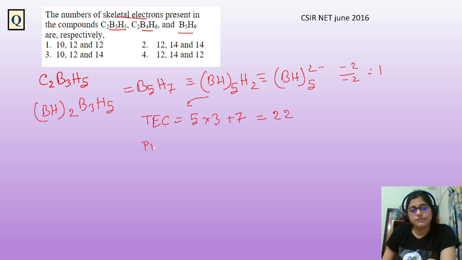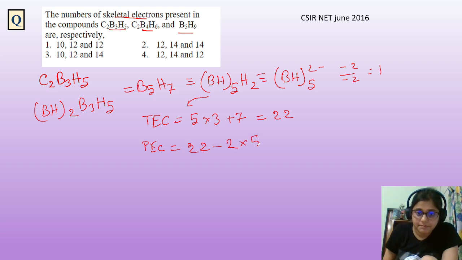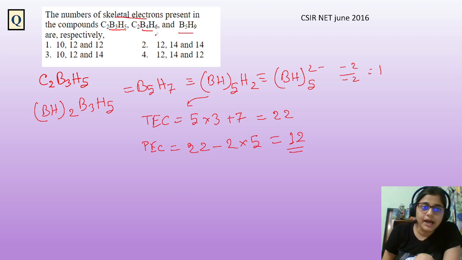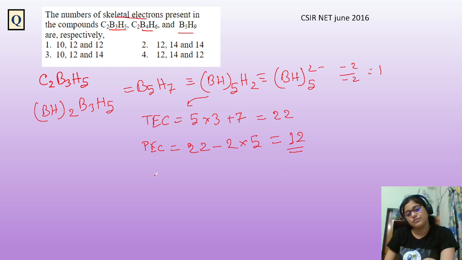So PEC will be 22 minus 2 into N, means 5, that is 12, right? And we are asked for the skeletal electrons. So 12 will be the skeletal electrons. If we divide it by 2, that will be the skeletal electron pairs or number of molecular orbitals. So for the first case, it will be 12.